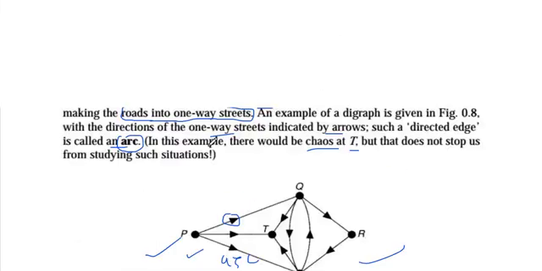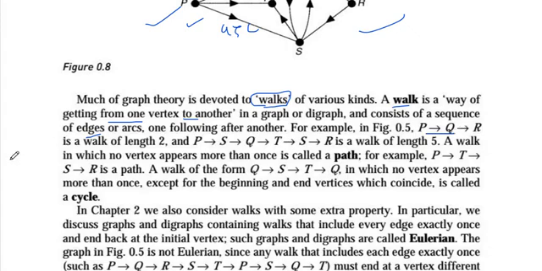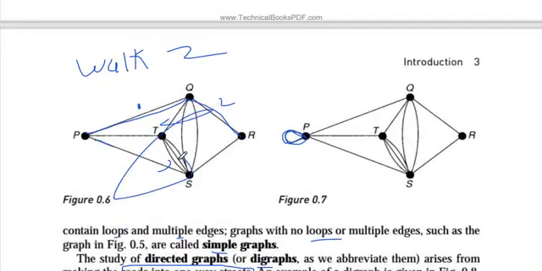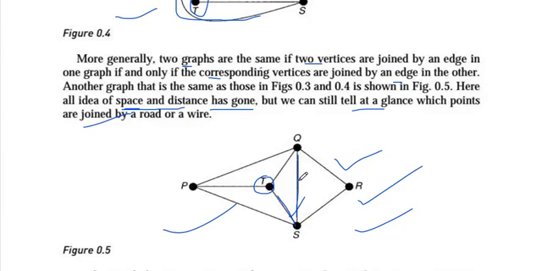We have traveled from P to R. Yes, PQR is a walk of length 2, and again they have given P, S, Q, T, S and R. This is also a walk, and how many length? Here there is a multiple edge.